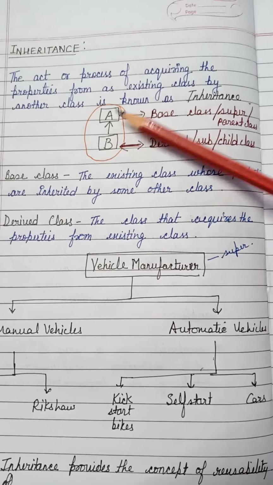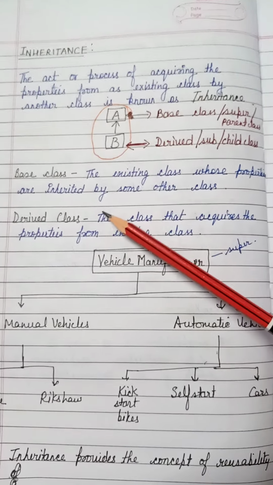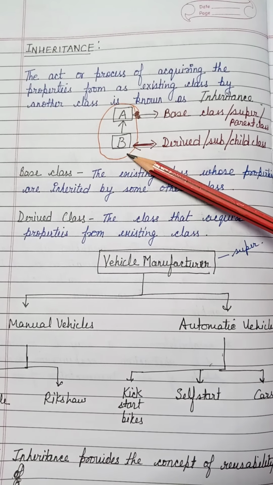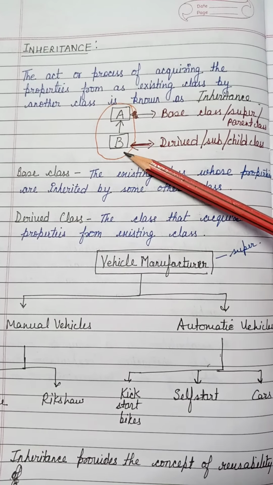The existing class whose properties are inherited by some other class, that other class is B. A's properties are inherited by B. So A will be the base class and B will be the derived class. The derived class is the class that acquires the properties from the existing class.